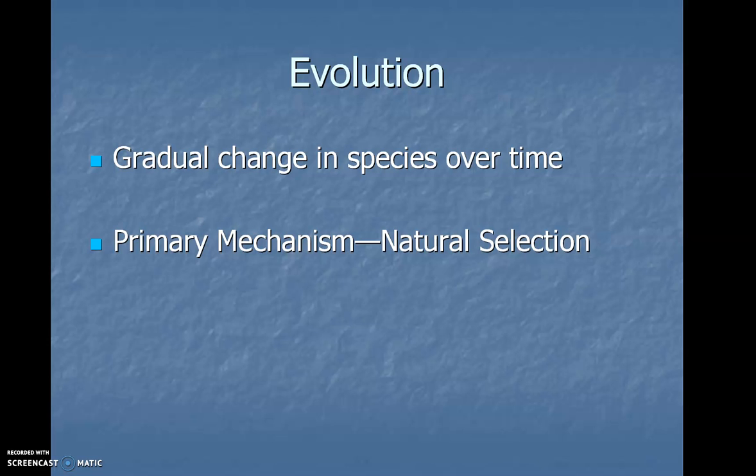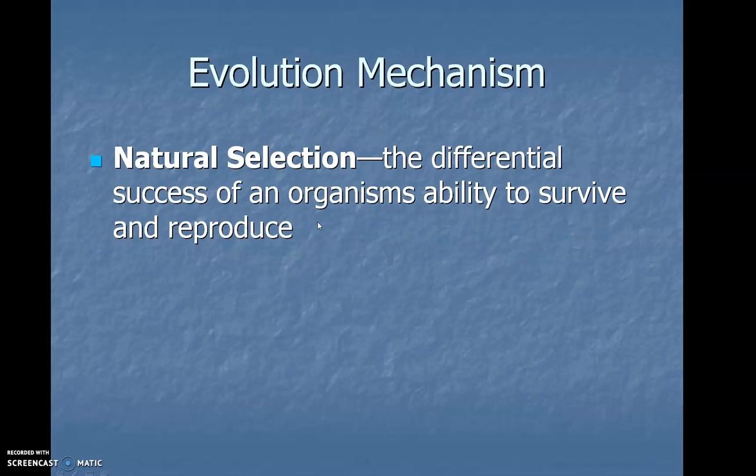Natural selection is often reduced to survival of the fittest. You'll hear that phrase quite a bit, but it's not quite that. It's a little bit more than that, a little bit more detail. So what is natural selection? How does it work? One definition I like is the differential success of an organism's ability to survive and reproduce.